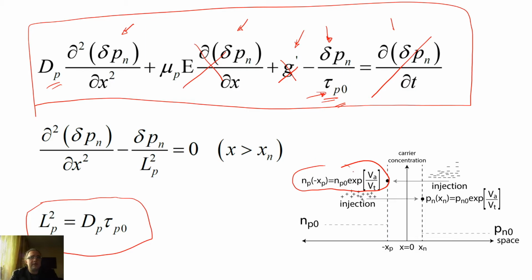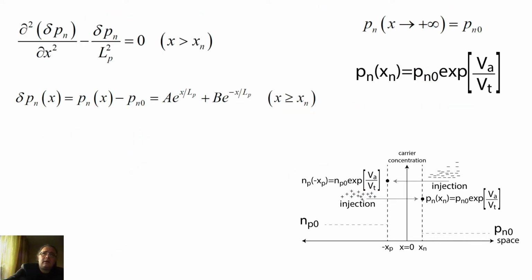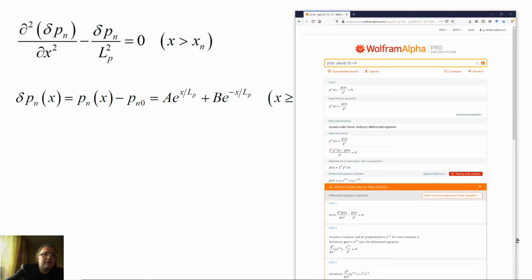So in this case, L gives the almost average length that a carrier will travel before meeting an electron and recombining.